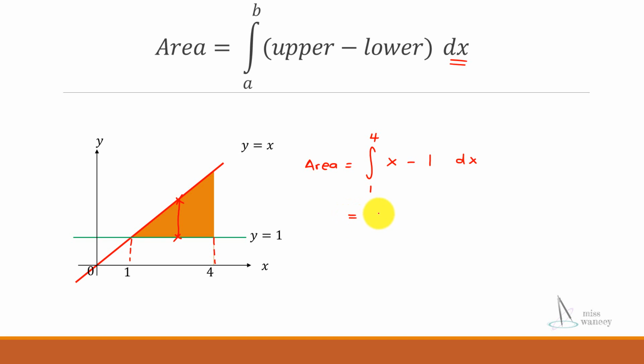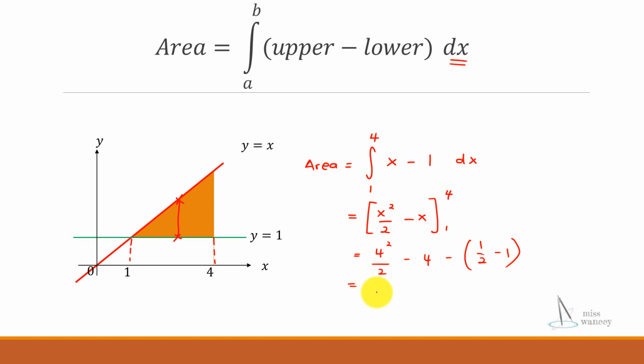And then, of course, you can integrate them one by one, or you can use the power rule. So x squared over 2 minus x. Evaluate starting from 1 up until 4. Substitute the upper limit: 4 squared over 2 minus 4, minus 1 over 2 minus 1.